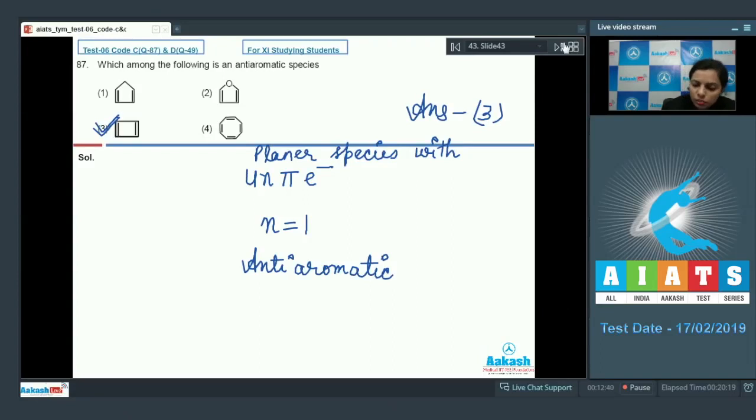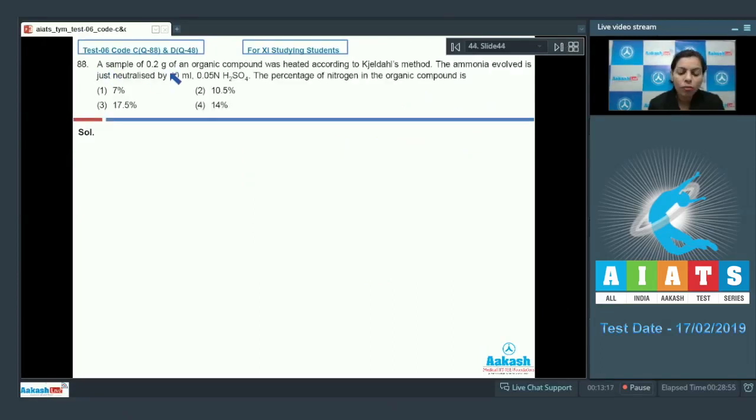Let's check next question. Now question number 88. A sample of 0.2 gram of organic compound was heated according to Kjeldahl method. The ammonia evolved just neutralized by 40 ml 0.05 normal H2SO4.